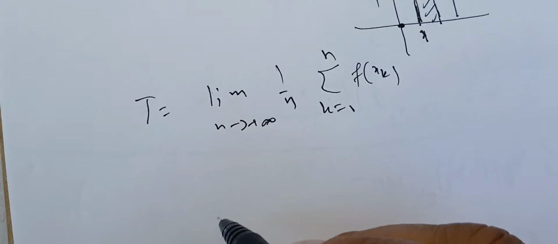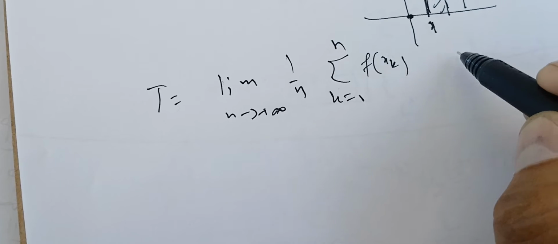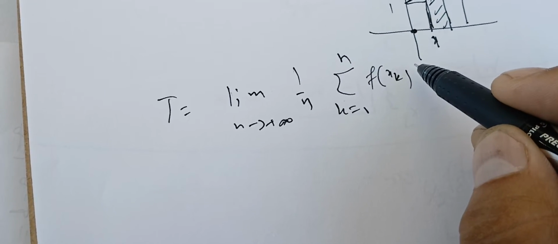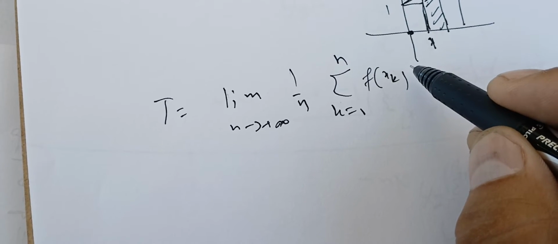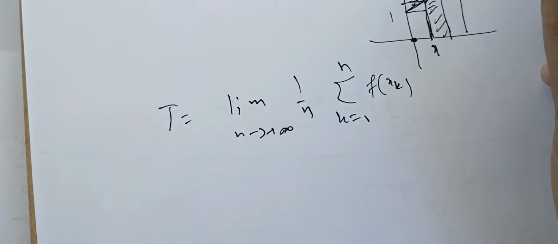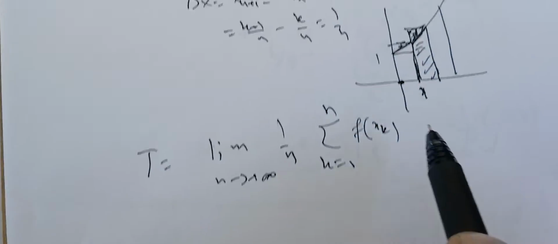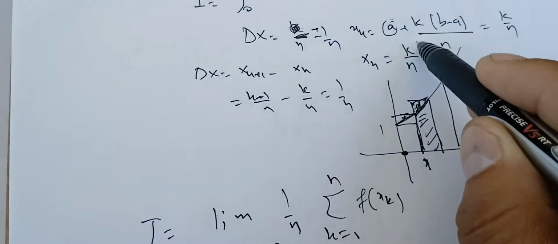Here delta x is 1 over n, and x_k is k over n.